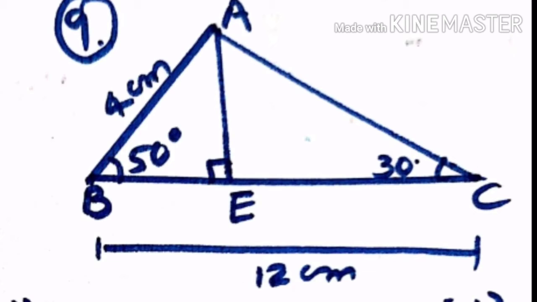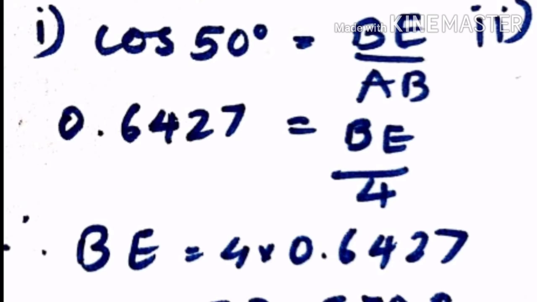Here if I use cos 50 degrees in triangle ABE, I get cos 50, meaning CAH. CAH means cos adjacent upon hypotenuse. So cos 50 degrees is adjacent BE upon hypotenuse AB.